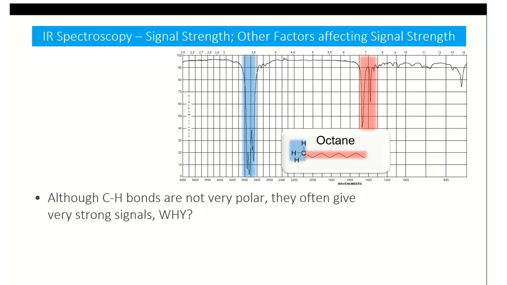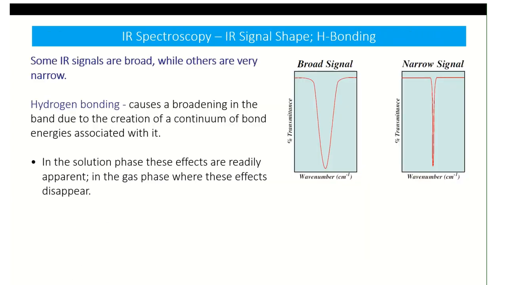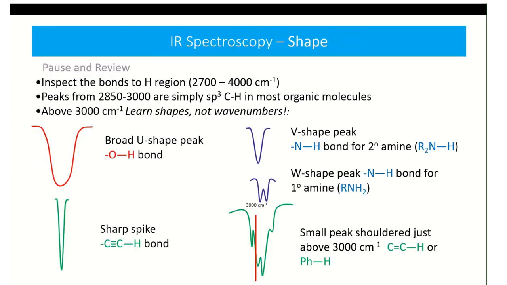So herein you can see that looking at a regular alkane, the CH is centered just below 3000. There is broadening of the bond compared to when you have hydrogen bonding, and of course if it's a molecule in the gas phase, then we'll also have sharper signals.